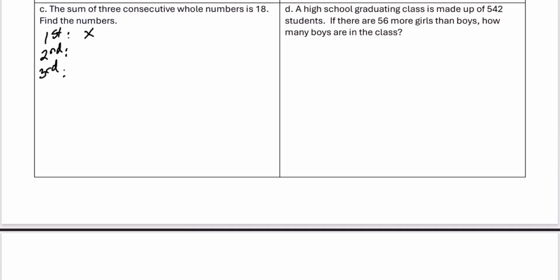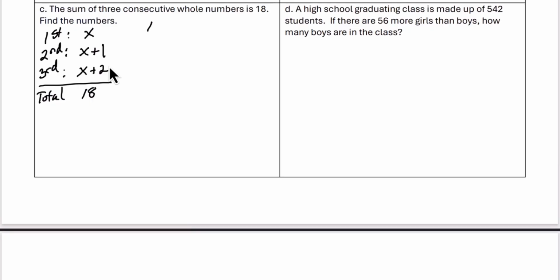We know absolutely nothing about the first number. But we know a tiny bit about the second number. We know that it's consecutive. So to get the second number, we have to add 1 to whatever we start with. That means the second number is x plus 1. And then if the next one is consecutive, that will be x plus 2. And we know that they have a total of 18. So their sum is 18.